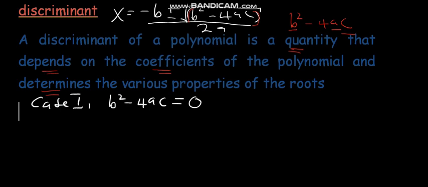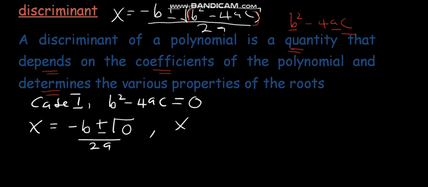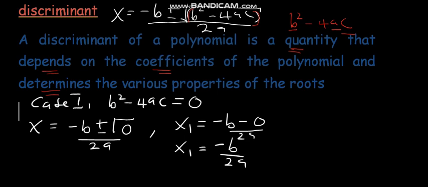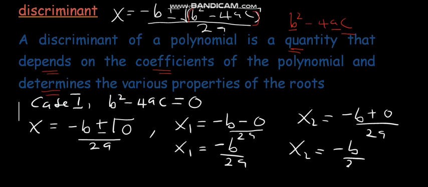Then we have x equal to negative b plus or minus the square root of 0, all over 2a, since b squared minus 4ac is 0. So x1 is negative b minus 0 over 2a, which is negative b over 2a, and x2 is negative b plus 0 over 2a, which is also negative b over 2a.